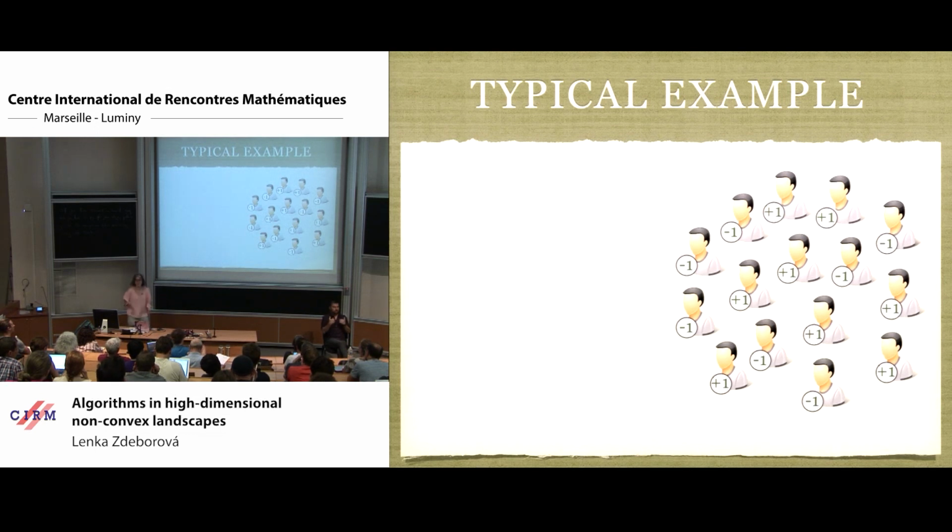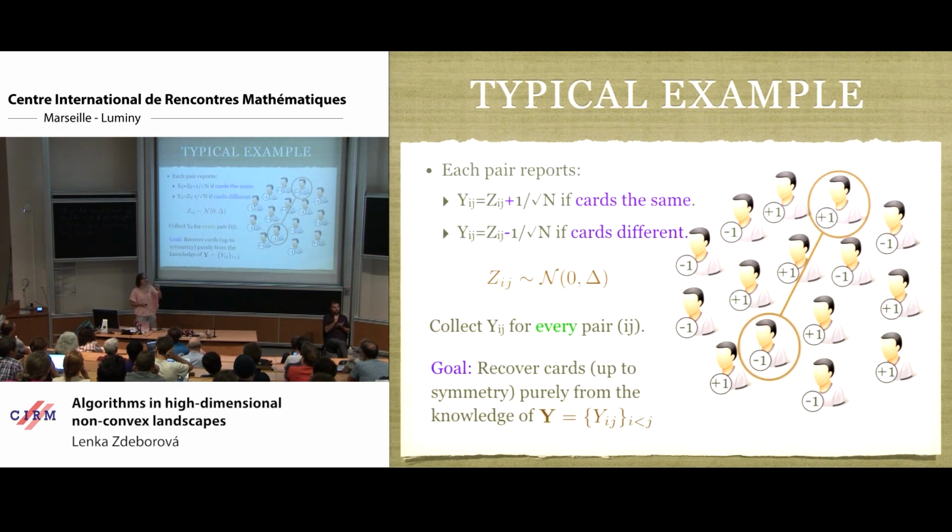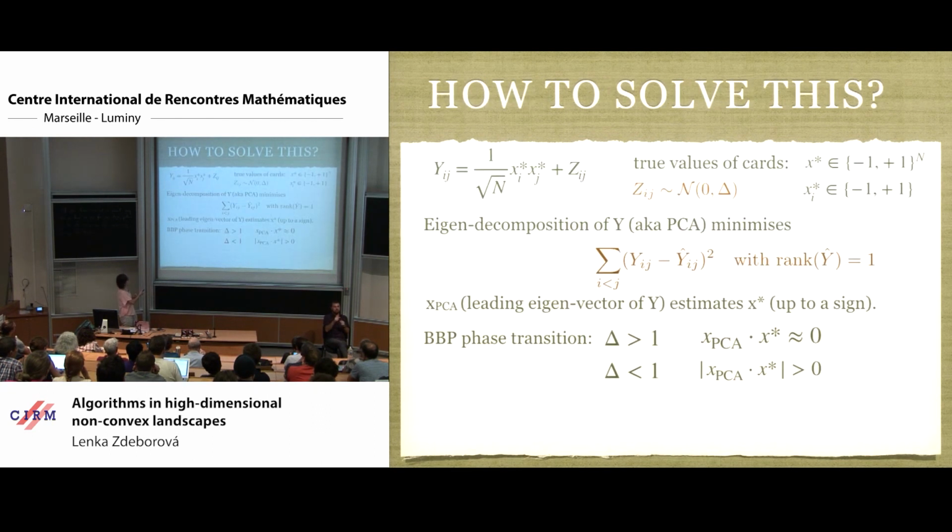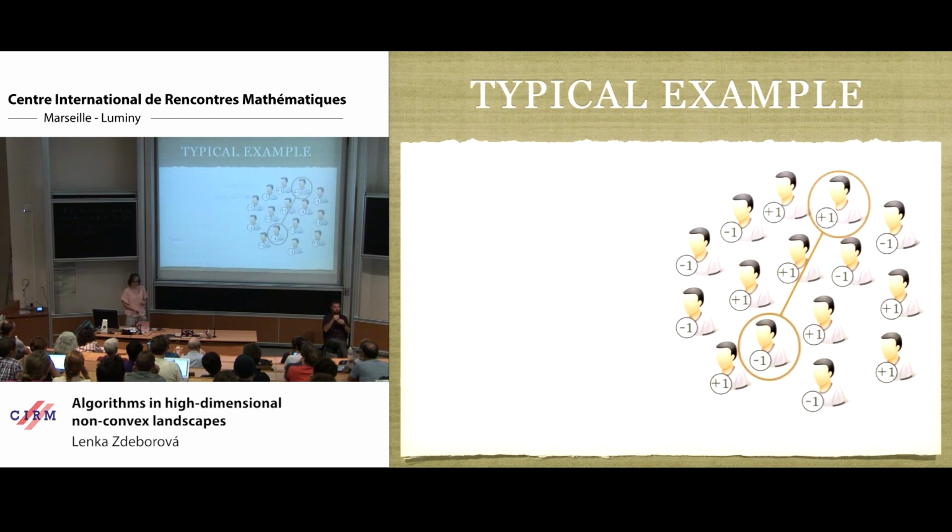But since I'm not a magician, I'm a mathematician or physicist, I need to have some information about what I gave you. So the information that I collect will be the following. I pick a pair of people in the audience, and I hand them a little calculator that generates random Gaussian numbers. Oops, this is advancing.